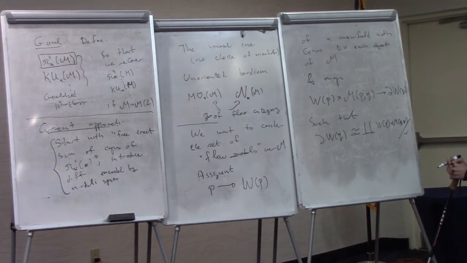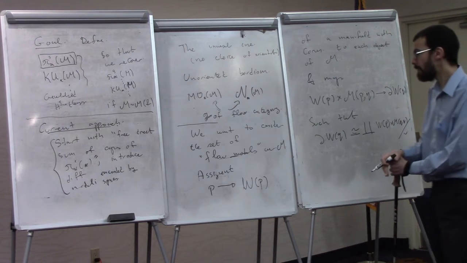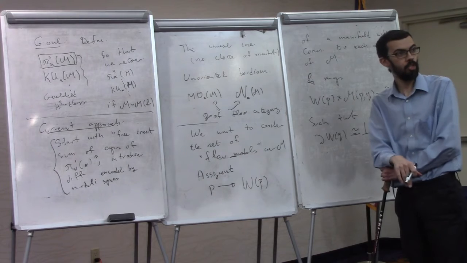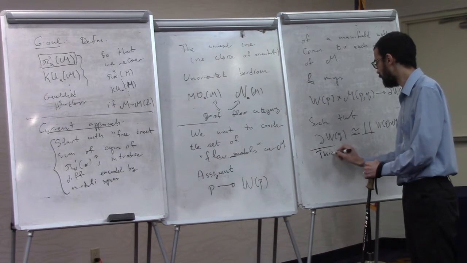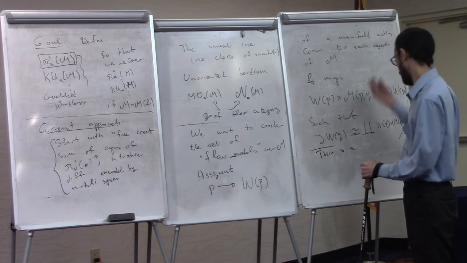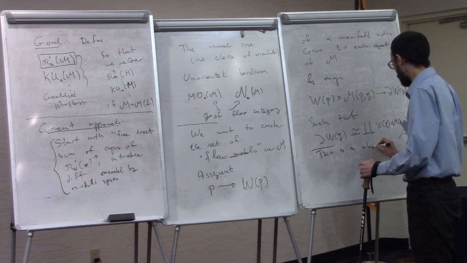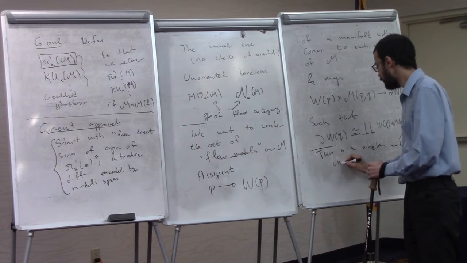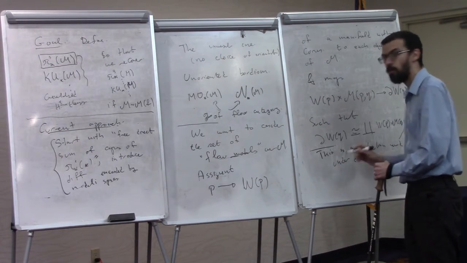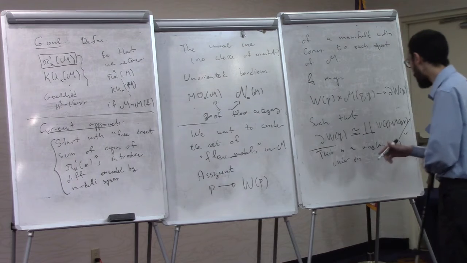So this forms a set. This set has a canonical operation called disjoint union. This is an abelian monoid under disjoint union. The zero object is the trivial assignment of the empty thing.